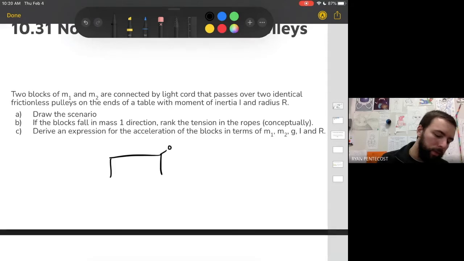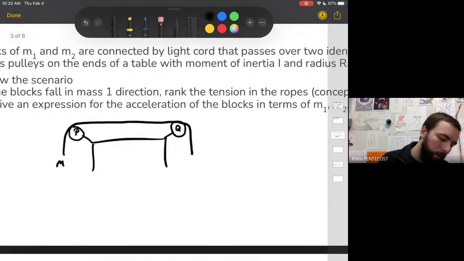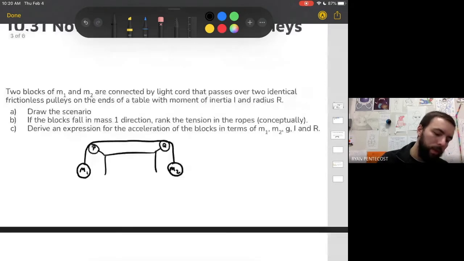I'm going to say this is pulleys P and Q. Then we have a string going over the pulleys that connects mass 1 and mass 2. That is the situation we're dealing with.